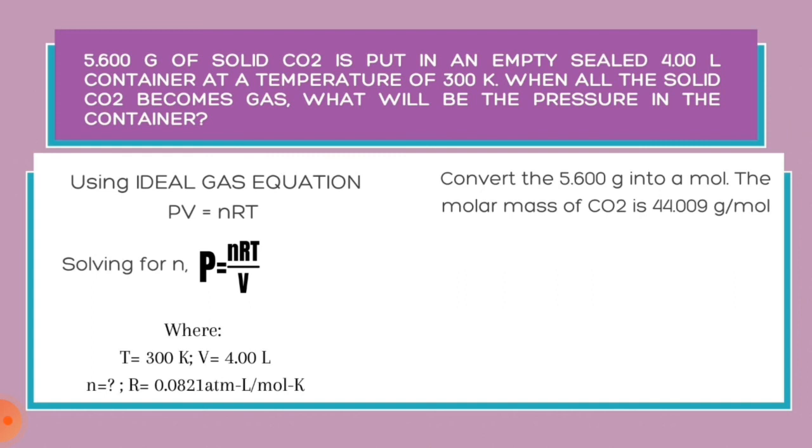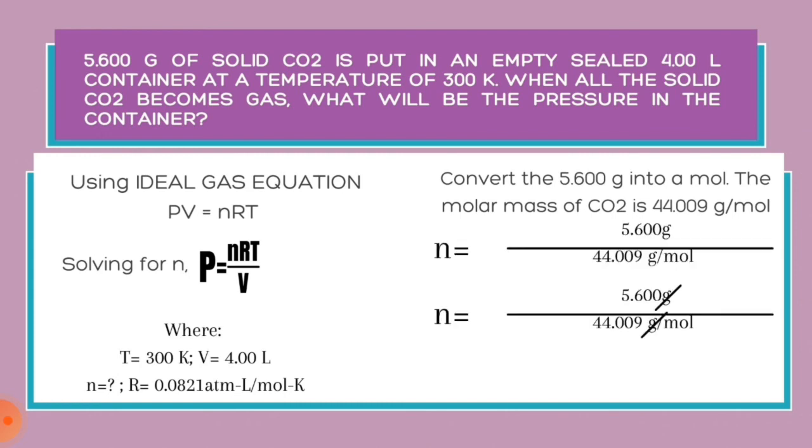The molar mass of carbon dioxide is 44.009 grams per mole. In order to get the moles, let us divide the 5.600 grams by 44.009 grams per mole. Cancel the same unit, and the answer is n equals 0.1272467 mole.